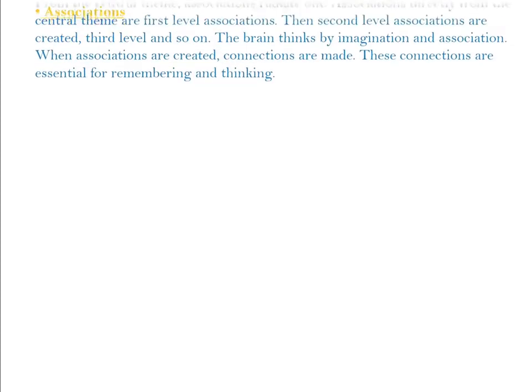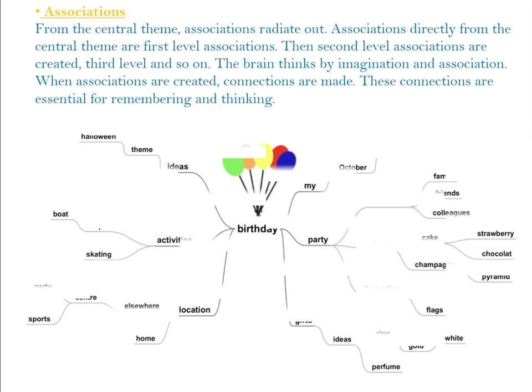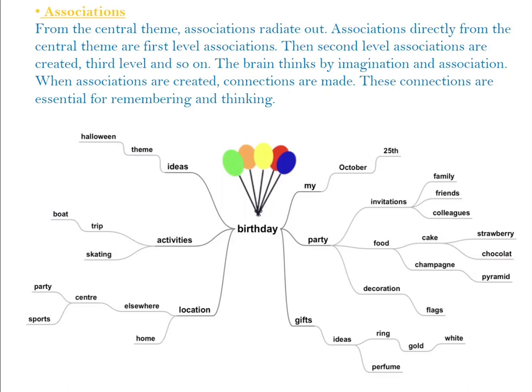The second basic principle of a mind map is association. From the central theme, associations radiate out. Associations directly come from the central theme and are called first level associations.